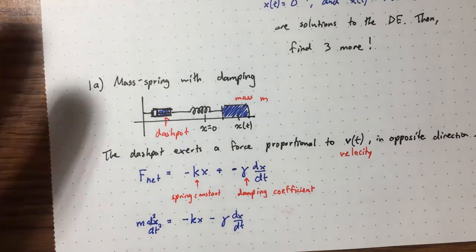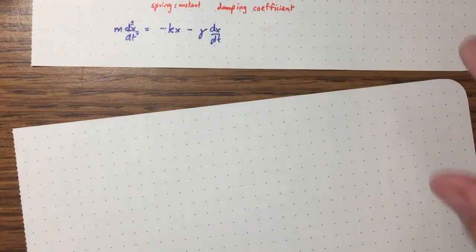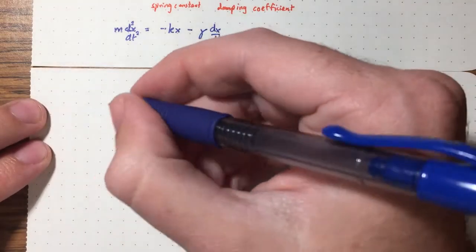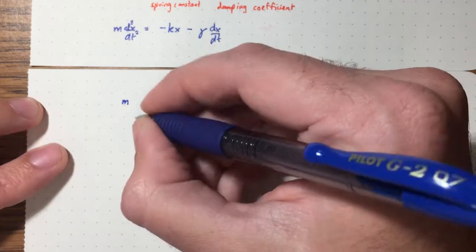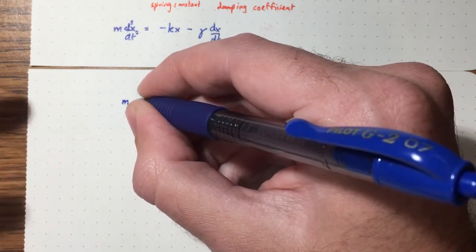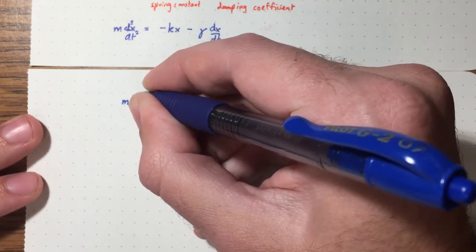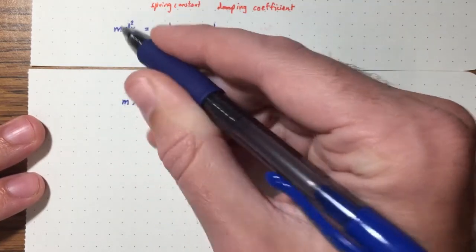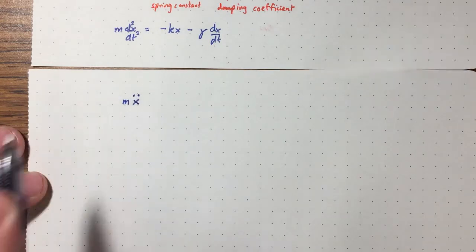And if we go on to the next page, let's move everything over to the same side. So we have m times, I'm going to try to use the more physics notation. I'll call the second derivative of x with respect to time x double dot.